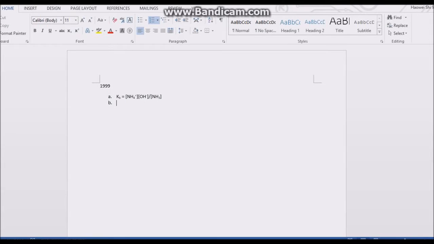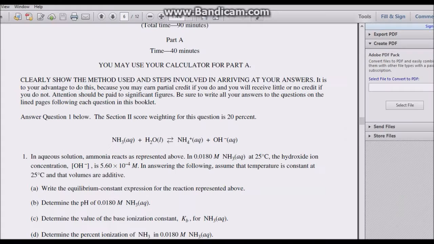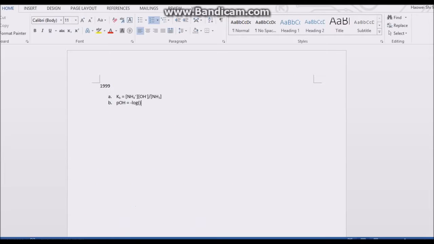So we're going to find the pOH by taking the negative log of the OH minus concentration, which is 5.60 times 10 to the negative 4th.